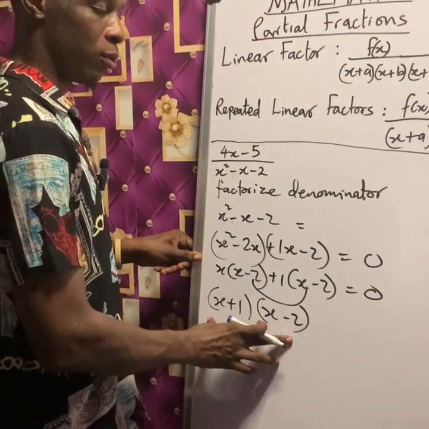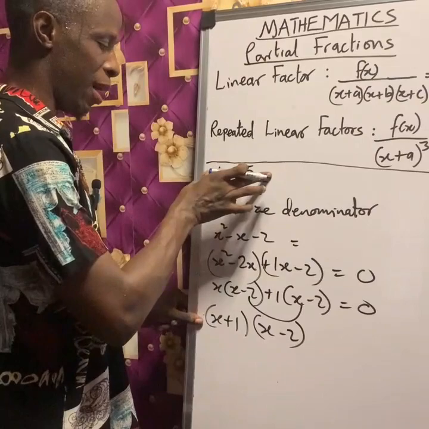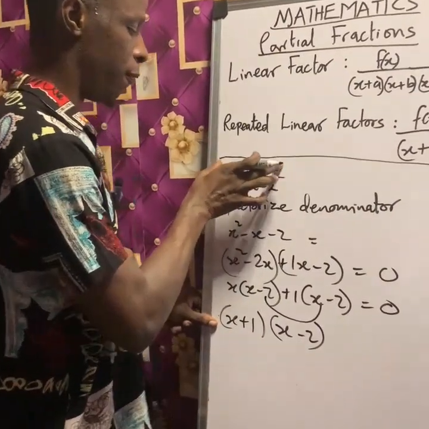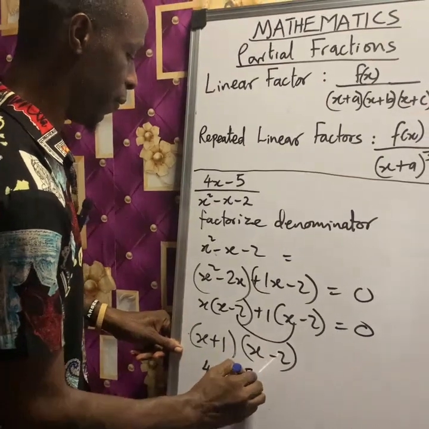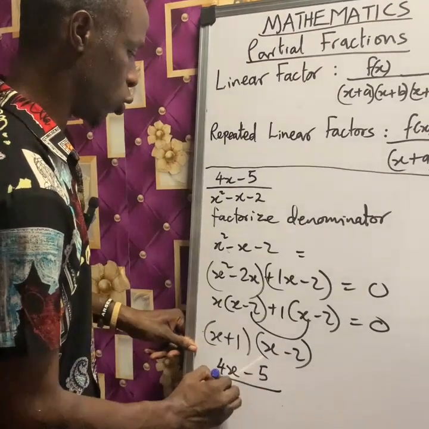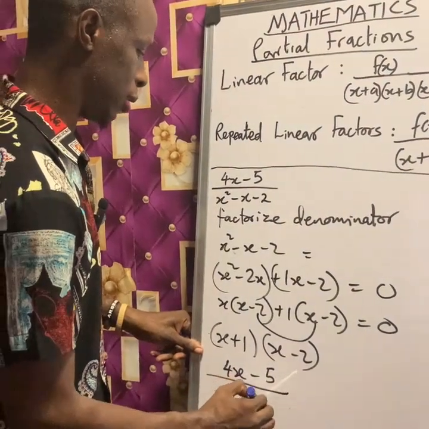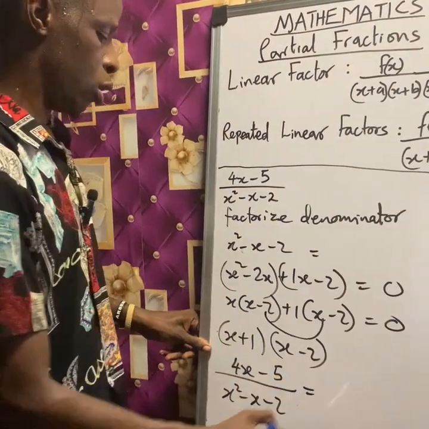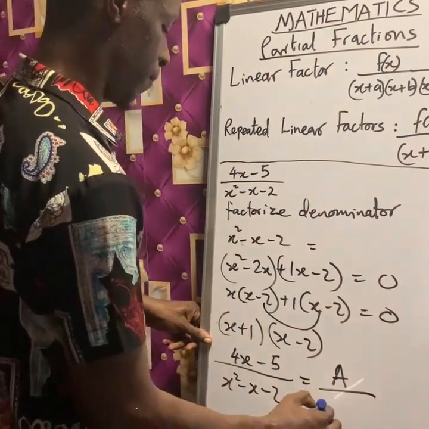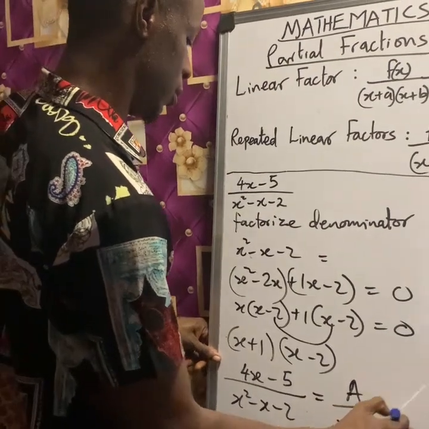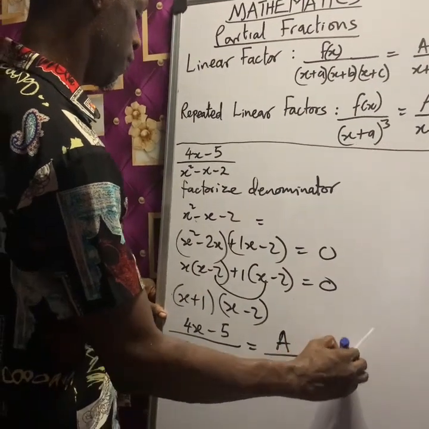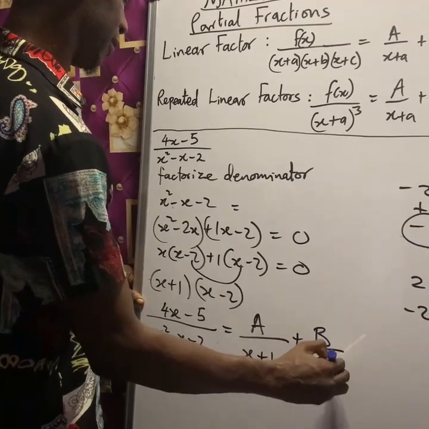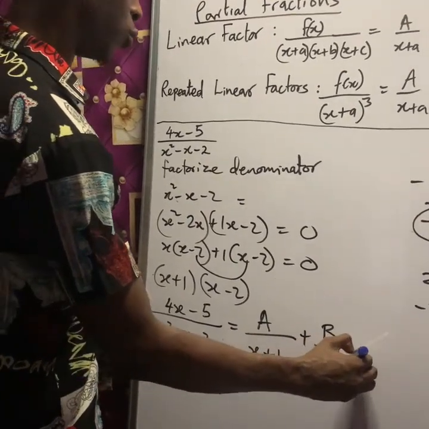We have factored it out like this. So this will now bring back our fraction: 4x minus 5 over x squared minus x minus 2 is equal to a over x plus 1 plus b over x minus 2.